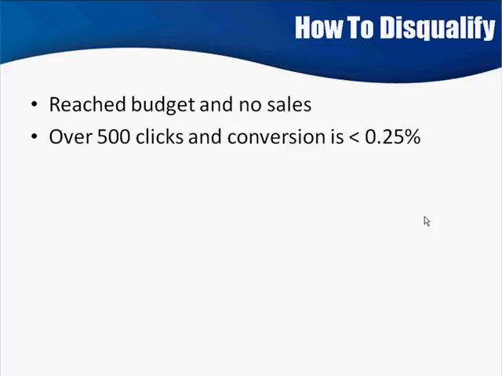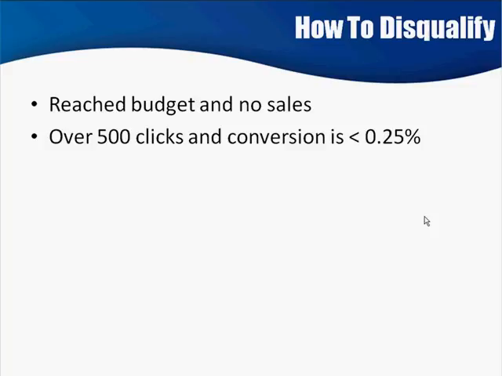The reason for this is out of that 500 clicks, with a 0.25% conversion, you're looking at making just a little over one sale. Now, if it's a $45 commission, let's just say, at 35 cents a click, you're going to spend $175 and you're going to get a $35 commission.